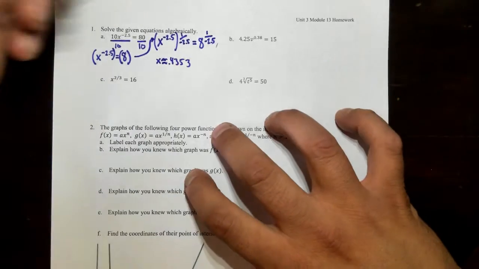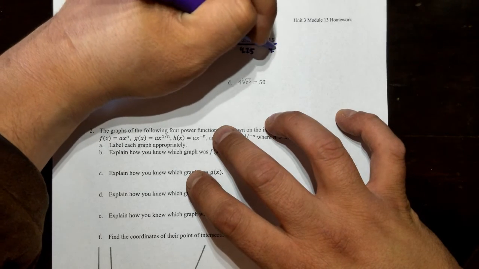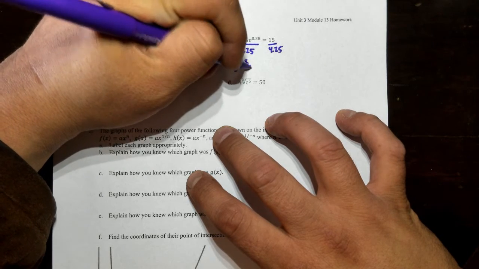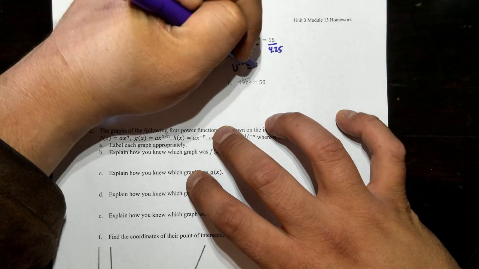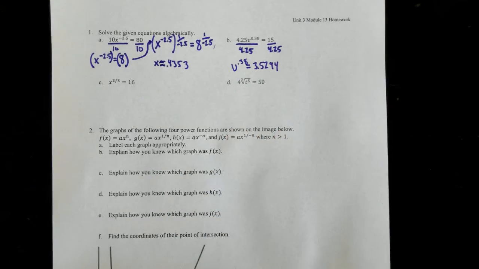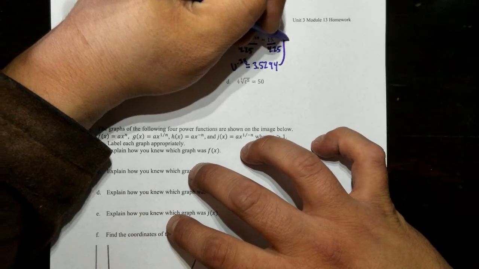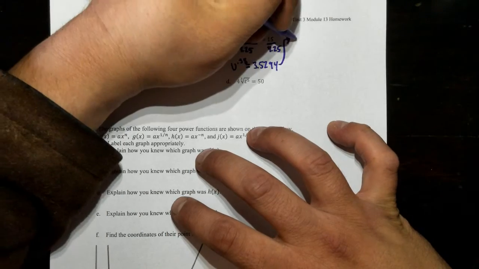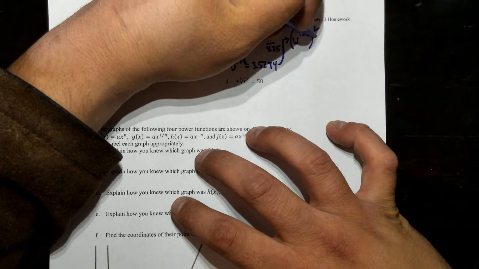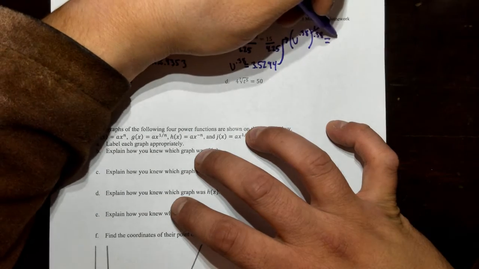All right. So looking at B here, again, we want to get the variable, in this case v, by itself. So let's divide both sides by 4.25. We're going to be left with v to the 0.38 power is equal to 3.5294. Okay. So now we want to raise it to the reciprocal power. So I'm going to raise everything to the 1 over 0.38 power, and then raise the right side to the 1 over 0.38 power.